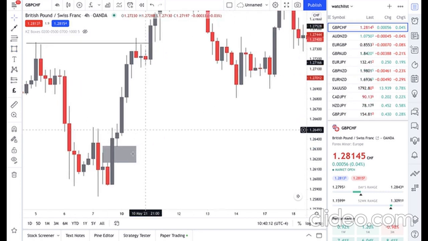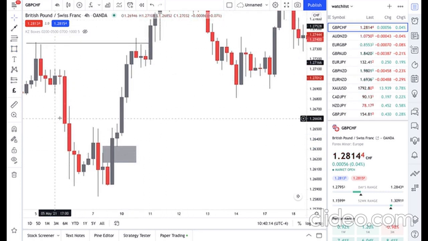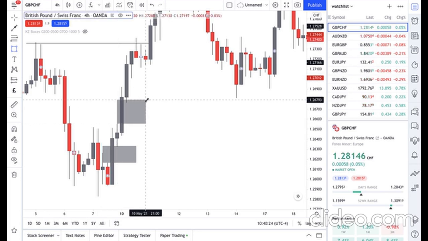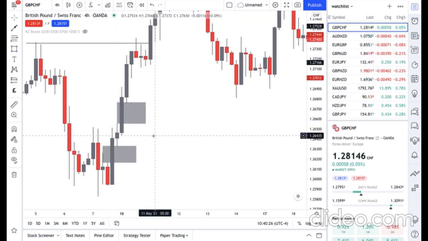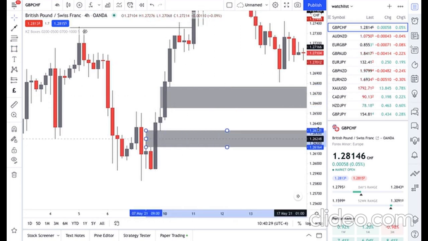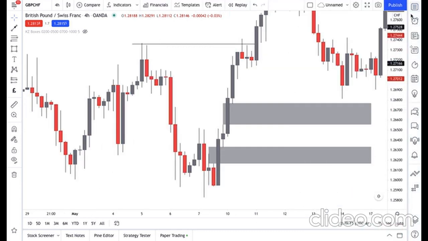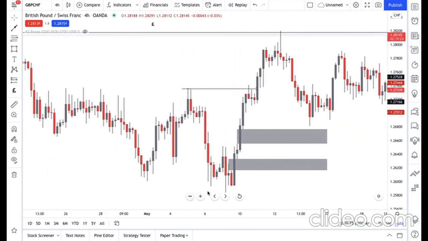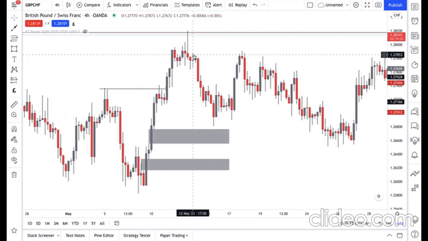There's a lot of buying power. What is this? Imbalance. What is this? Imbalance. This imbalance, again, pulled back and it got filled. But there's all of this imbalance down here and here that needs to be filled, right? So, when price moves over to the upside, what do we expect price to then do later on?